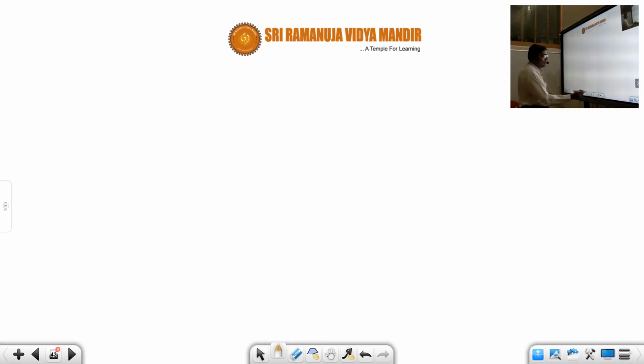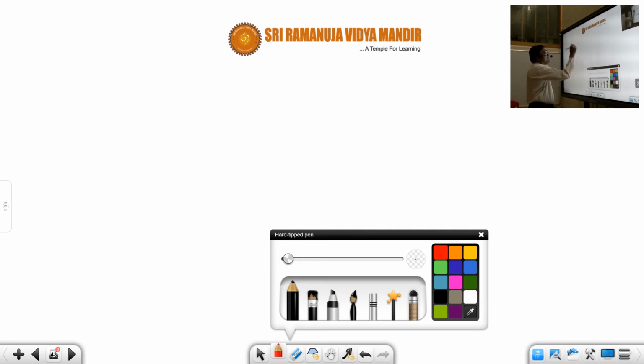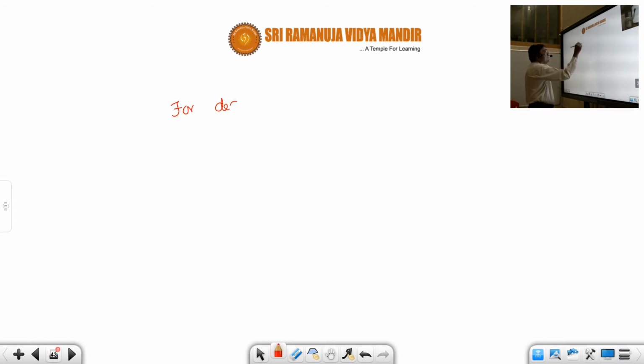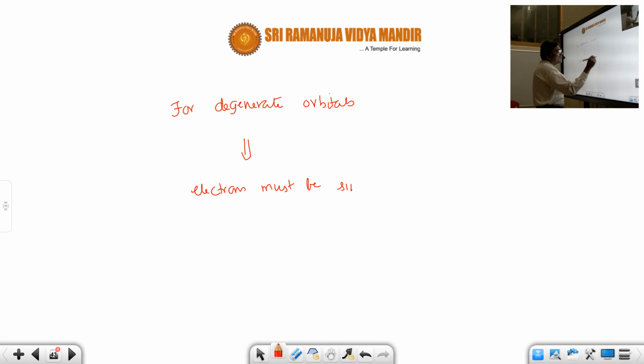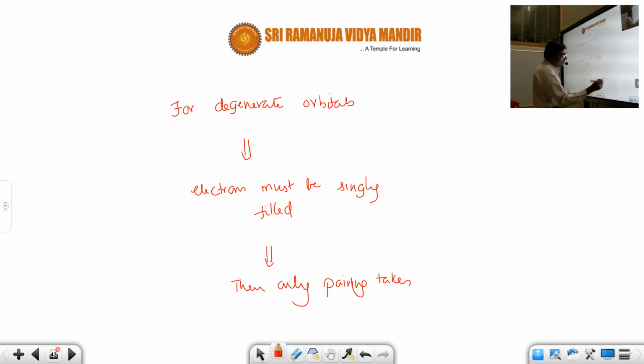For degenerate orbitals, first point: electrons must be singly filled. Then only pairing takes place. So what does it mean? I divided the definition for your sake.